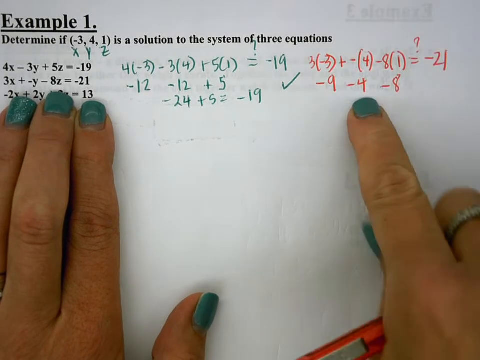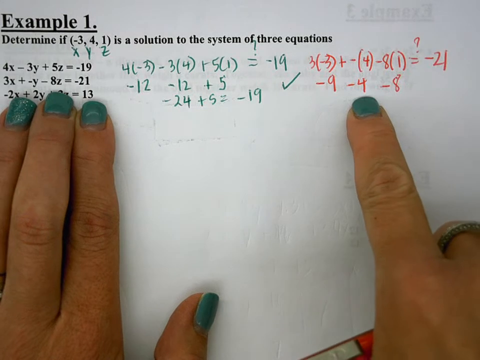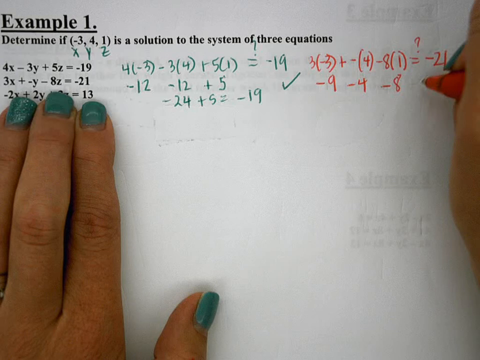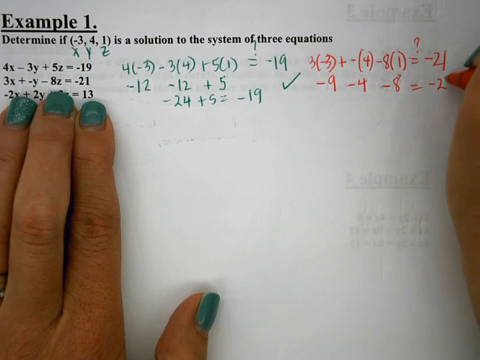Negative 9 minus 4 makes negative 13, and negative 13 minus 8 makes negative 21. Okay, so this one also works.